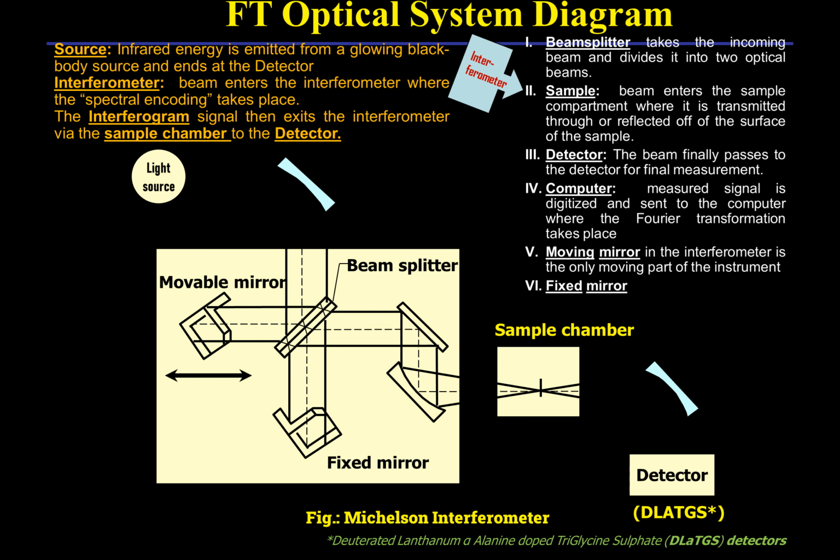The Fourier transform optical system diagram, let us see this a little bit in a more animated fashion to understand the mechanism. So let us first go to the light source, and this is basically infrared energy emitted from a glowing black body source that ends at the detector.